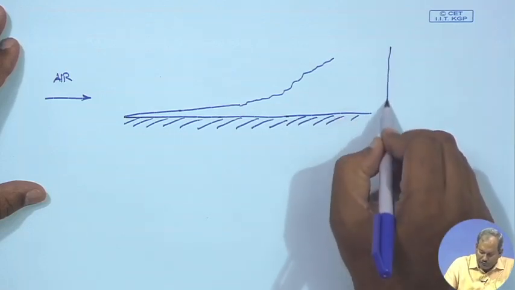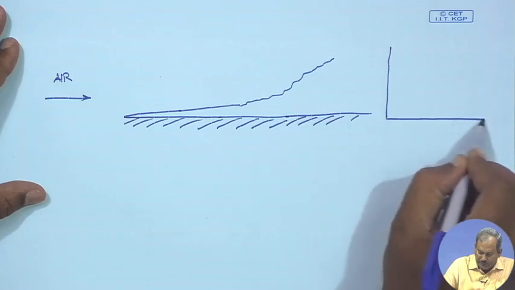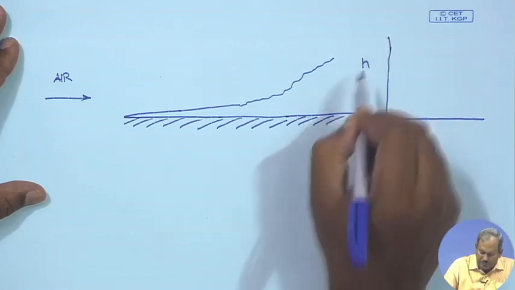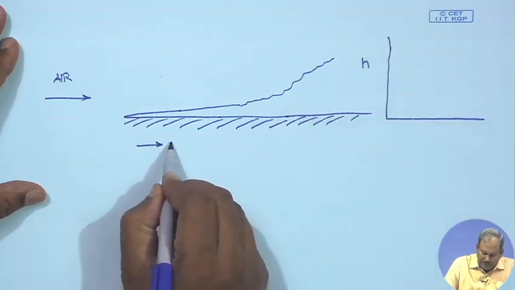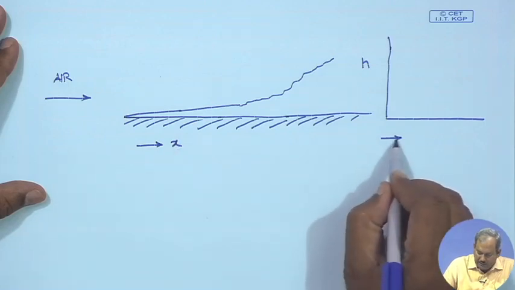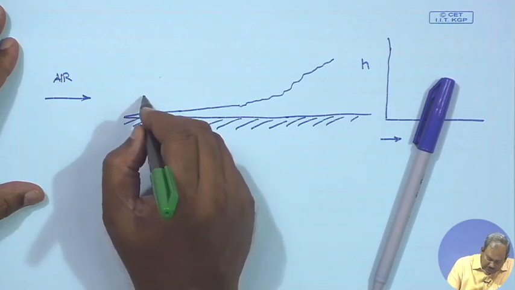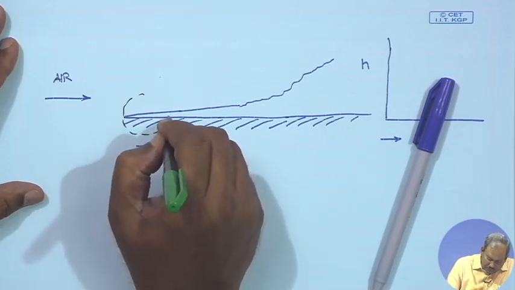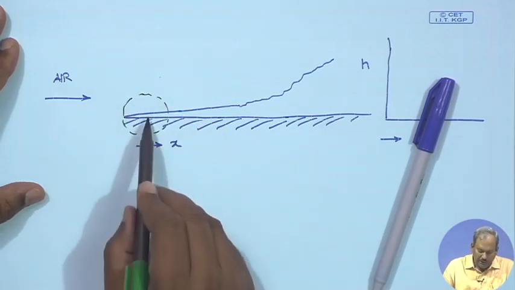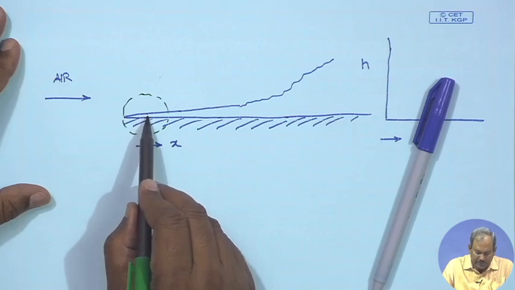Now, if you draw the value of the heat transfer coefficient along x, over the initial part of the flow the thickness of the boundary layer is going to be very thin.